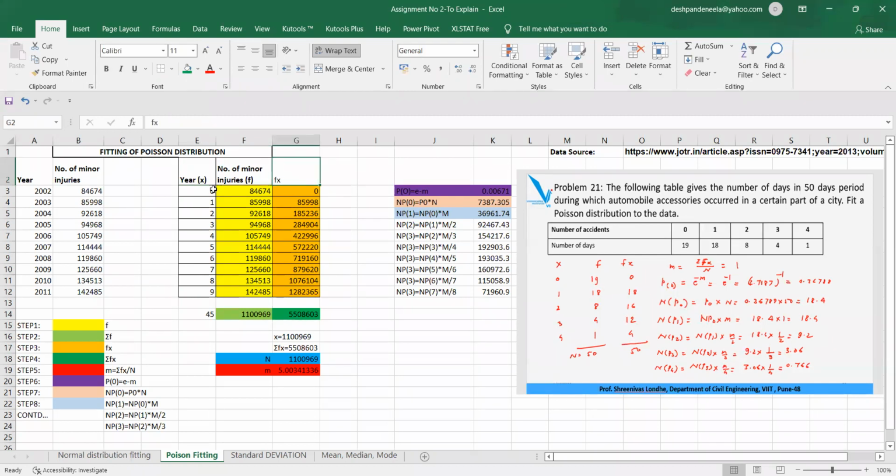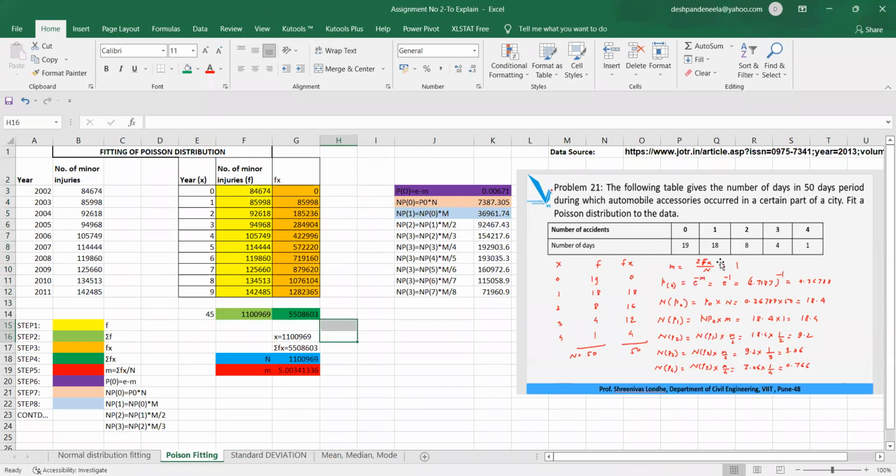You have frequency f, which is nothing but the number of minor injuries. So what will you do? Let me demonstrate it over here. It is equal to year into the number of injuries. Just drag it down, and this is how you get this column f into x. Okay, so let me just rub this off.